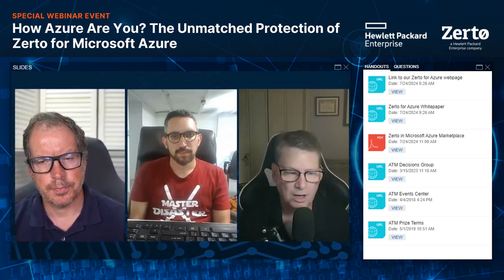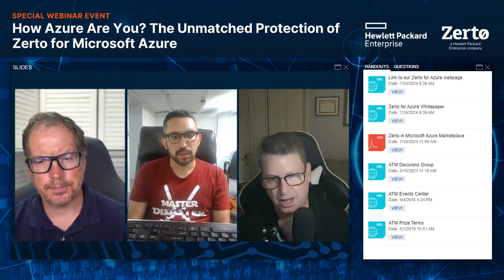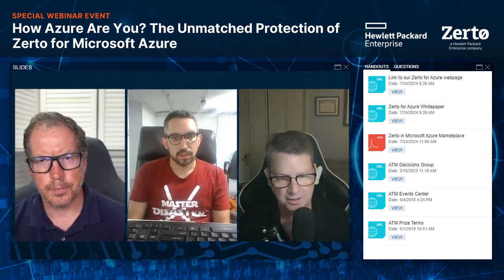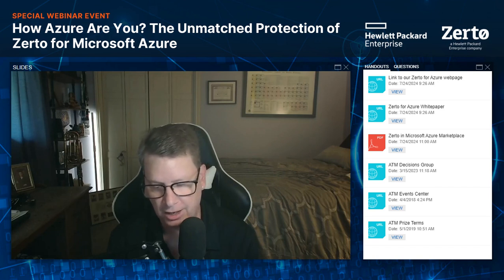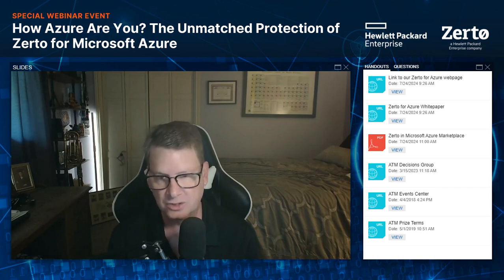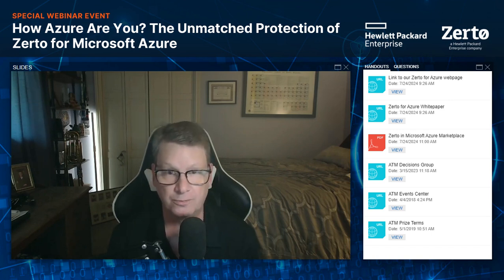Yeah, so all of the major public clouds are putting forth their own marketplaces, places for you to go and buy directly through Azure, right? To deploy in Azure. And there's some real advantages to this. First of all, you've got vendors like Zerto that are going to work with Microsoft to put forth a solution that can be deployed straight out of Azure that's acceptable to Microsoft.